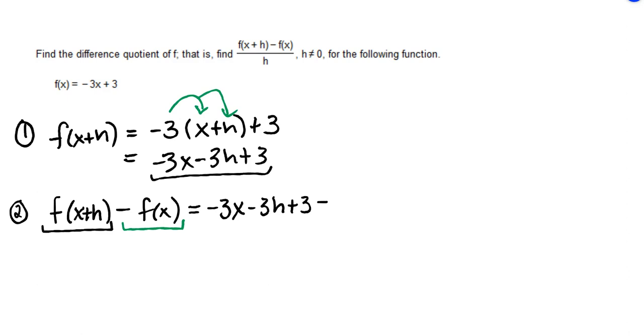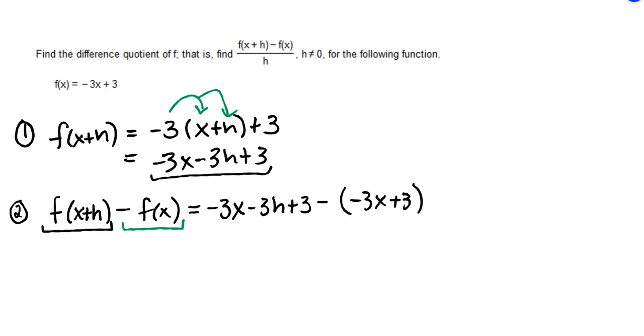That's minus negative 3x plus 3. And notice I put parentheses around that f of x because I want to subtract all of f of x. So I need the parentheses around f of x to make sure that subtraction sign gets applied to the whole function and not just the first term.